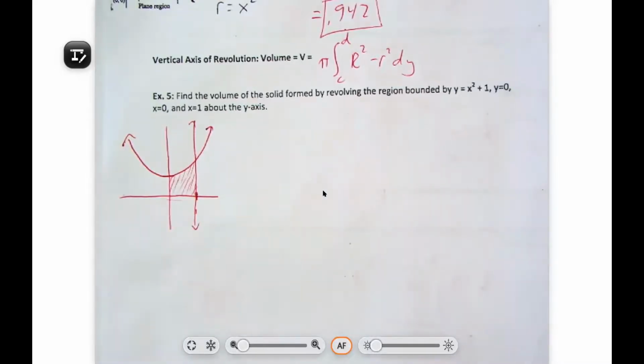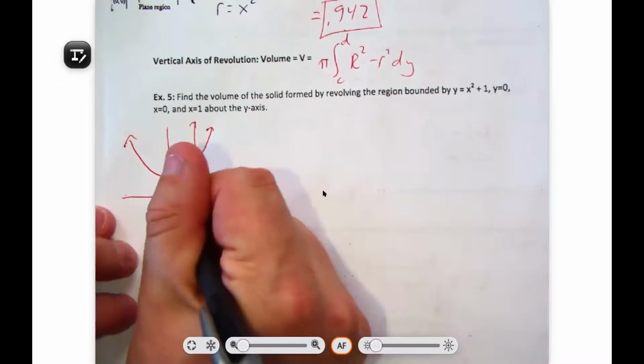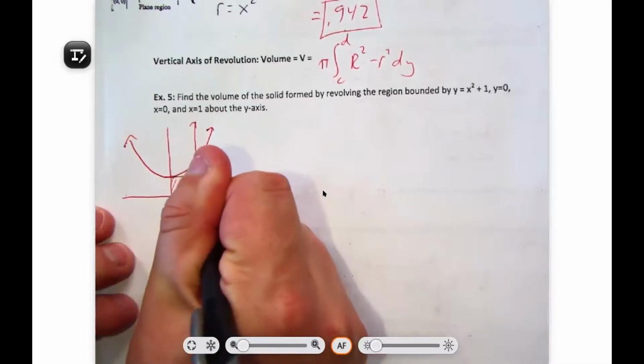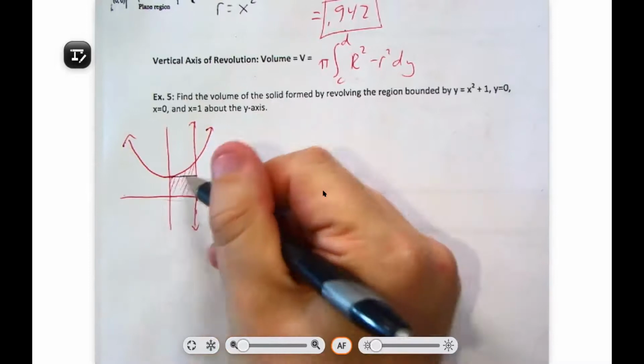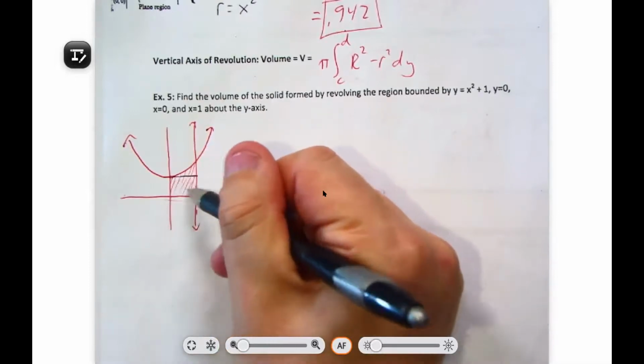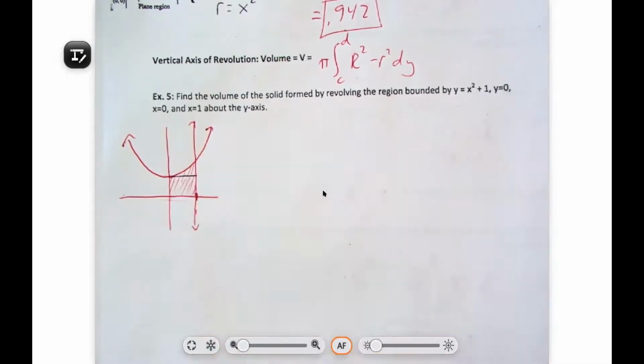So I want you to look at what happens here. I just drew a little black horizontal line there. Everything below that black line, this whole region here, is flush with the y-axis. There's no space between the y-axis and that region.